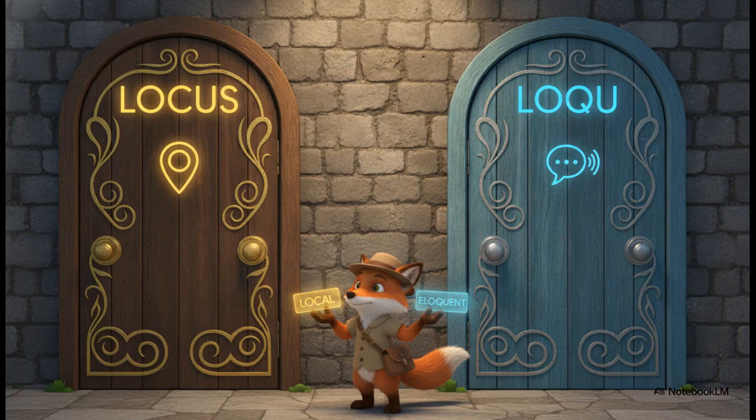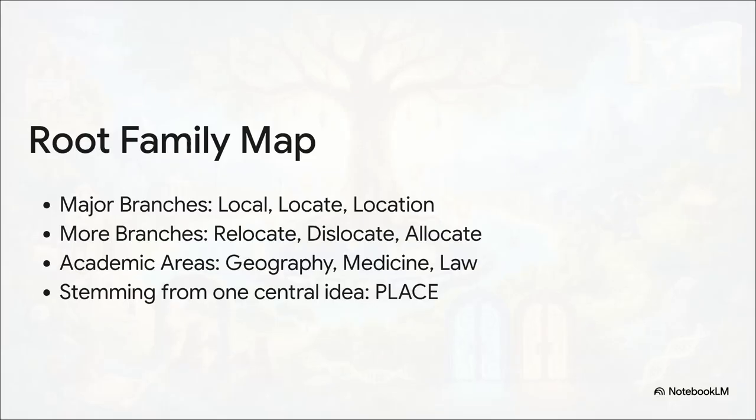It's easy to see why people mix them up, because the spellings look extremely similar, but these words belong primarily to the Latin root locu, meaning to speak, not locus. Recognizing this exact distinction is a vital skill. So your word detective tip here is to always ask, does this word describe a place, or does it describe speech?